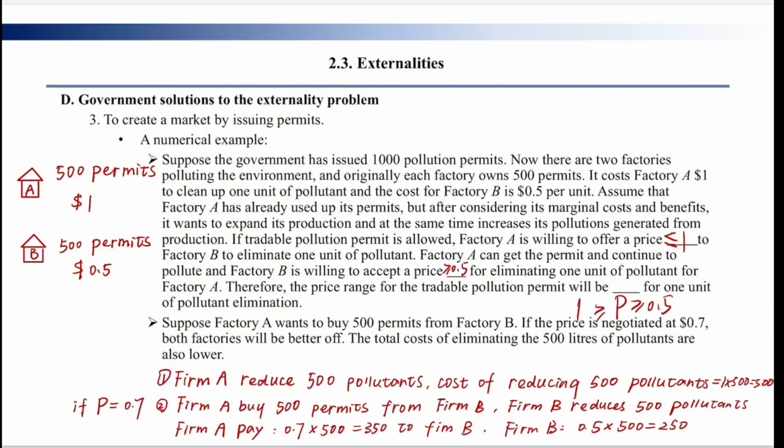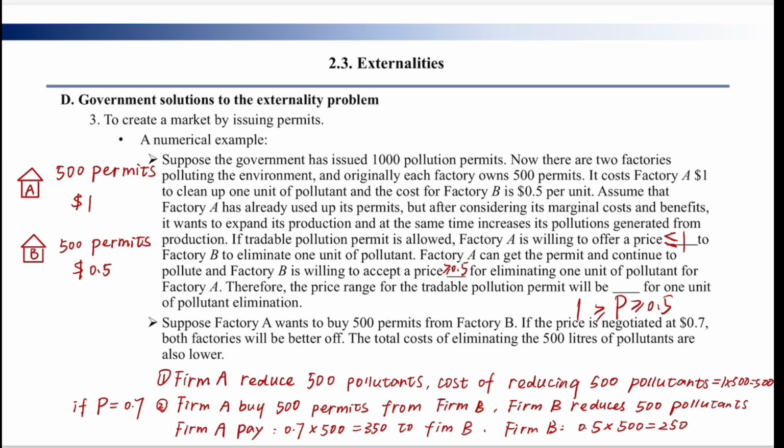So how much does factory A need to pay? That is to say, how much can factory B earn? Factory B can earn 0.7 times 500, which is equal to $350. That is, factory B gets $350, but it still needs to spend $250 by itself.